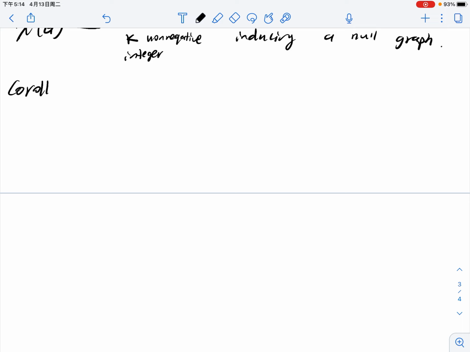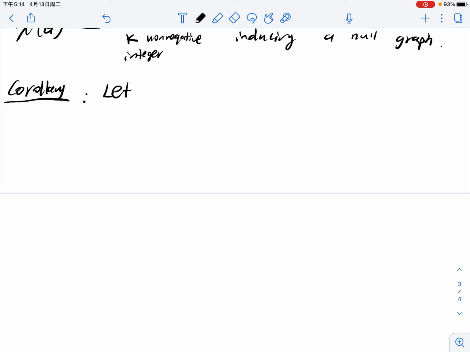And then if we have control of the null subgraphs in a graph, then we have a control of the chromatic number from below.